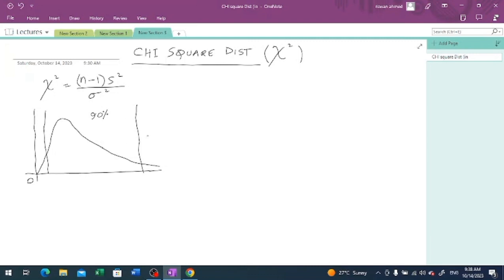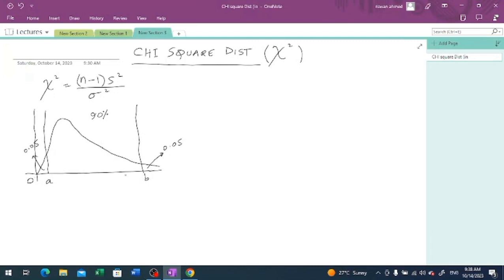The area above this borderline, which is B, we divide the remaining part as 0.05 here and 0.05 here, because we have considered the central 90% area under the curve.